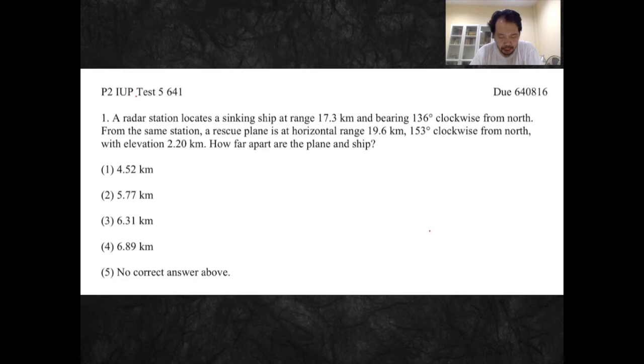From the radar station, the rescue plane is at horizontal length 19.6 km, 153 degrees clockwise from north, with elevation 2.2 km. How far apart are the plane and ship? Okay. And to solve this problem, we can use the concept of the vector.